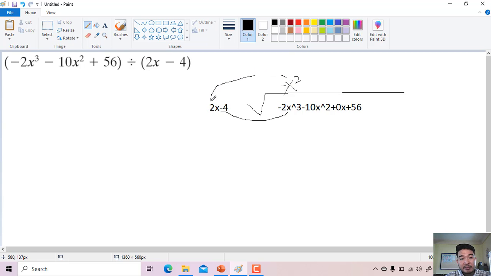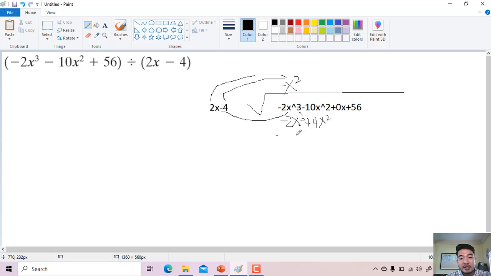We multiply it by 2x and negative 4. So negative x squared times 2x is equal to negative 2x cubed. Ayan siya. And then negative x squared by negative 4. Negative by negative will become positive 4x squared.